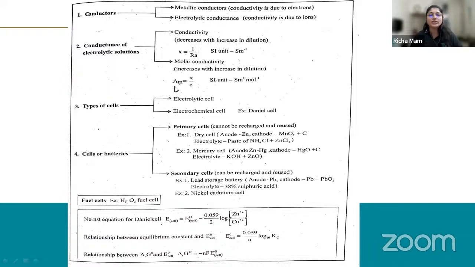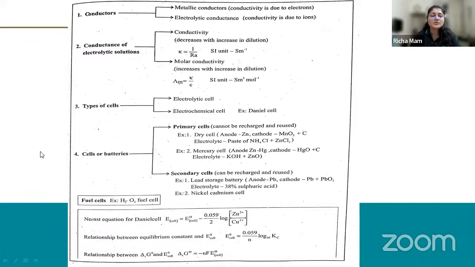You have seen different types of batteries, right? What is a battery? It is nothing but an arrangement of one or more electrochemical cells. When these electrochemical cells are arranged in a series, that is your battery.